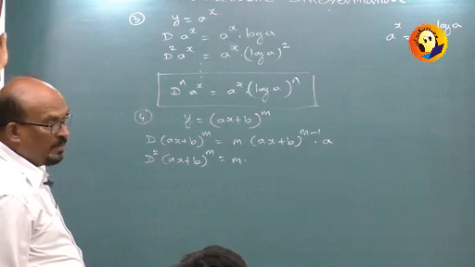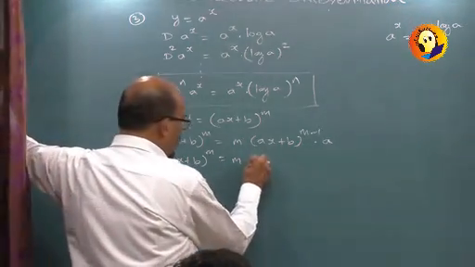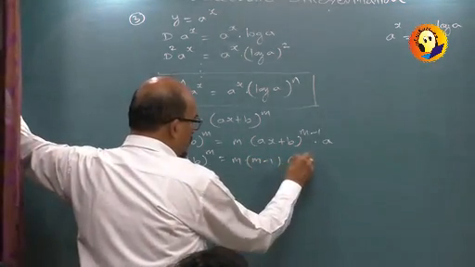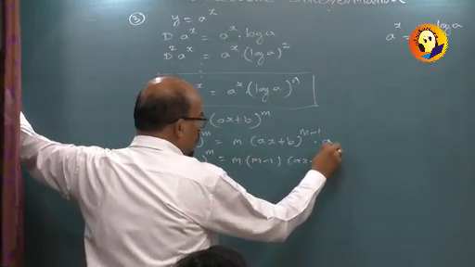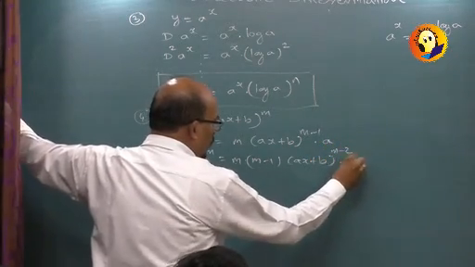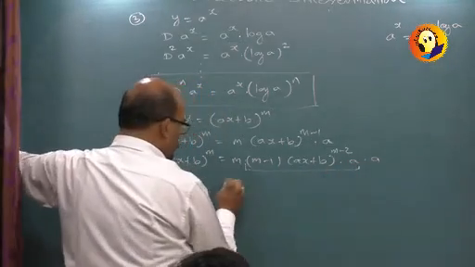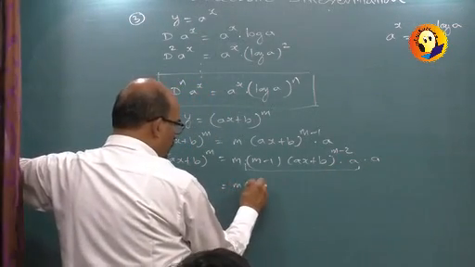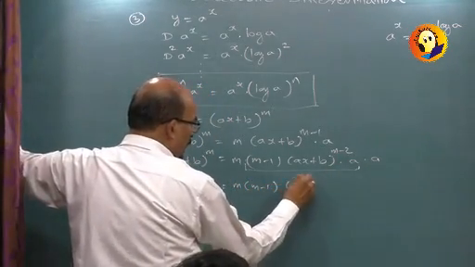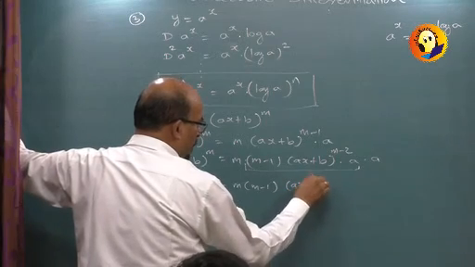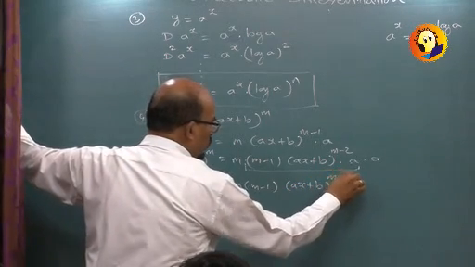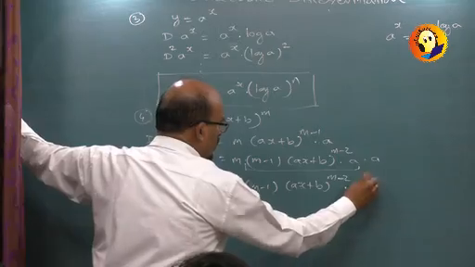M minus 1 ax plus b raised to m minus 2 into a, and the original a is there. So it comes out to be m into m minus 1 ax plus b raised to m minus 2 into a square.